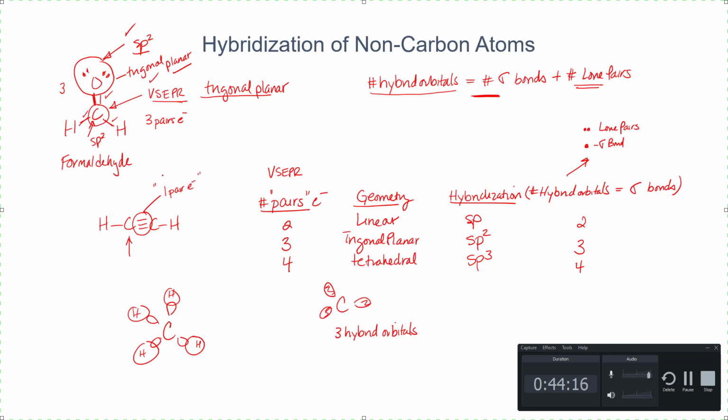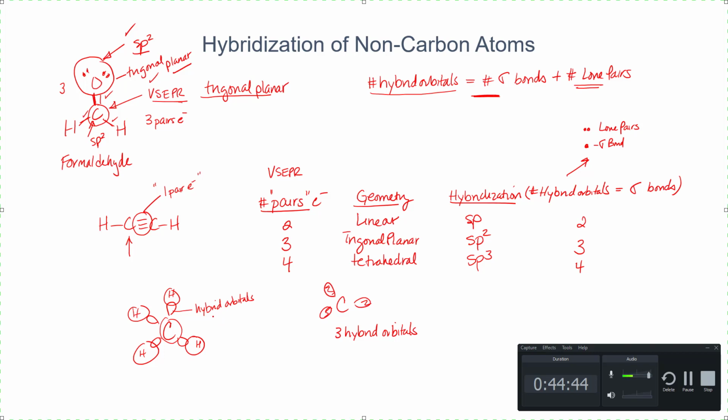Why did we ignore the other two bonds? It's a very straightforward answer. The geometry around this central atom is based on the hybrid orbitals only.